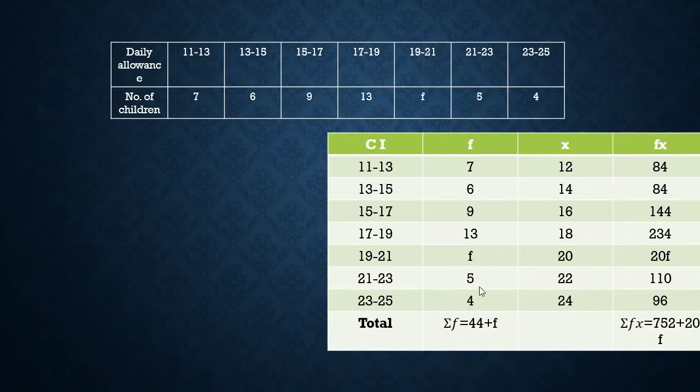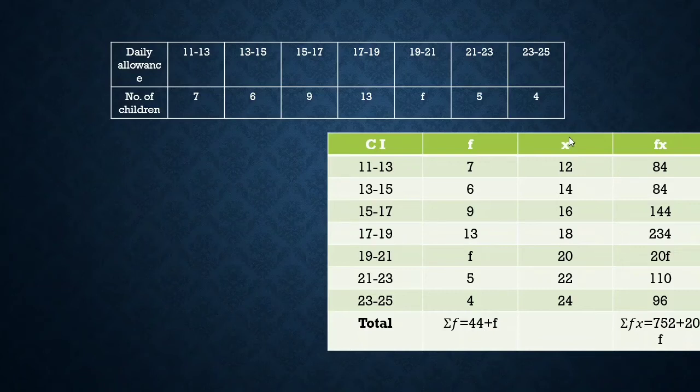Plus 5, which is 40 plus f, and lastly 40 plus f plus 4 is 44 plus f. So, summation of f is equal to 44 plus f. We are keeping f as it is.